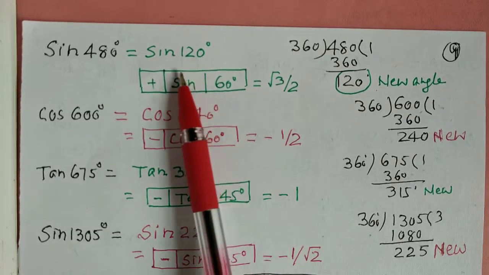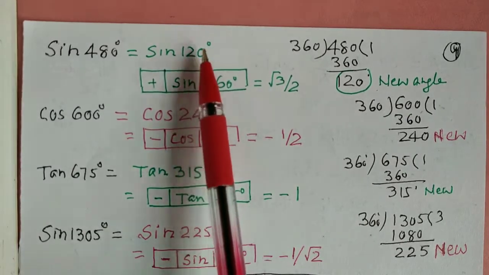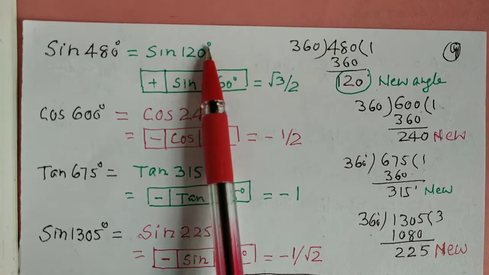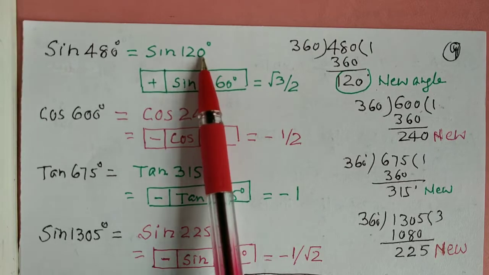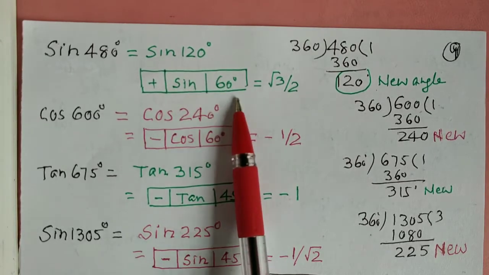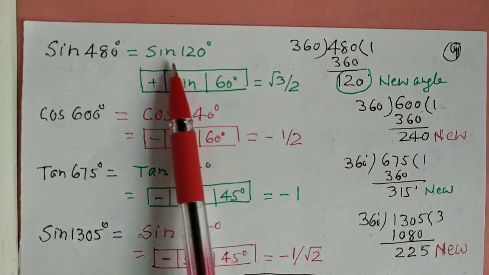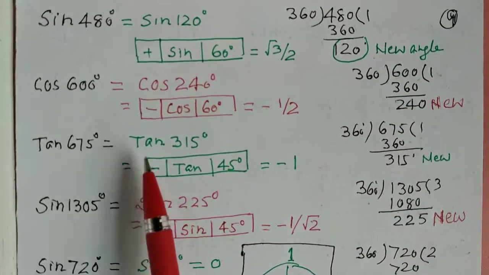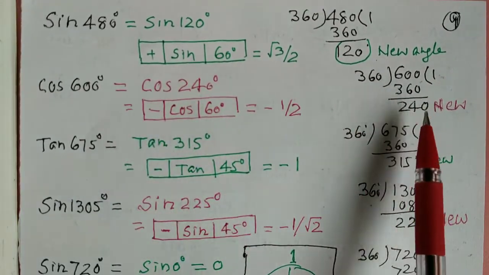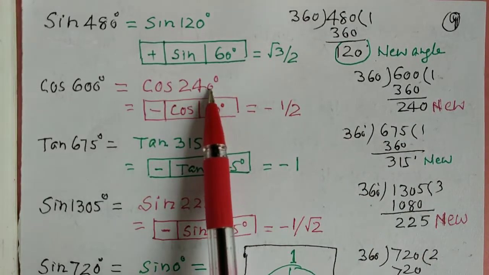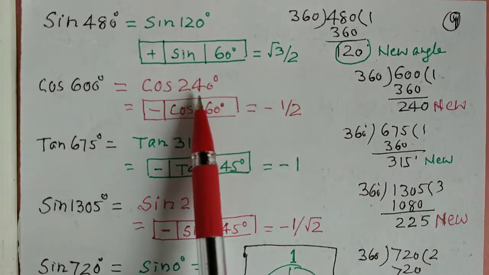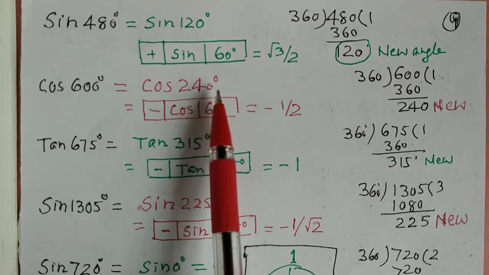Then sine scheme, in second quadrant 120 belongs to second quadrant where sign is positive, sign remains sign. 120 is deviated from 180, so this is 60. You know how to find sin 120 earlier. Cos 600 divided by 360, 240 came, so this is the new angle. 240 lies between 180 to 270.